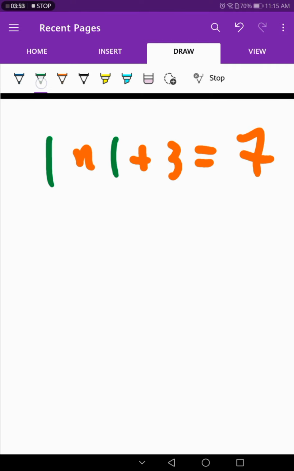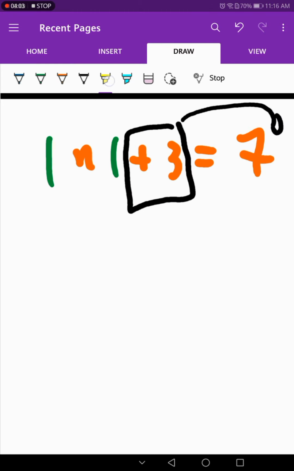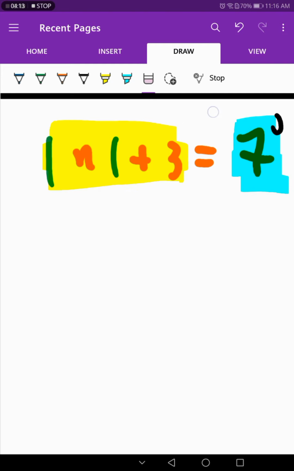So, the first step, Mahmoud? We are going to move the 3 to the other side. We can move this number to the right side, because this is the left side and this is the right side. Or we can eliminate it by taking the inverse of it. It's positive 3, so it will become negative 3.